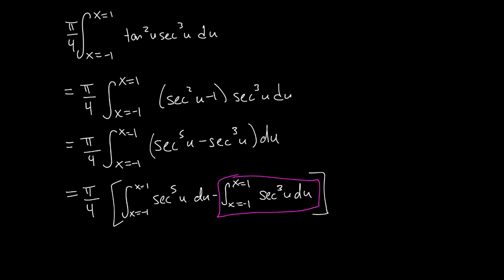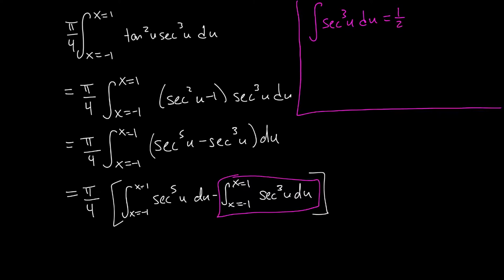So they say the integral of secant cubed u du is equal to 1/2 of secant u tangent u plus the ln of secant u plus tangent u plus c.